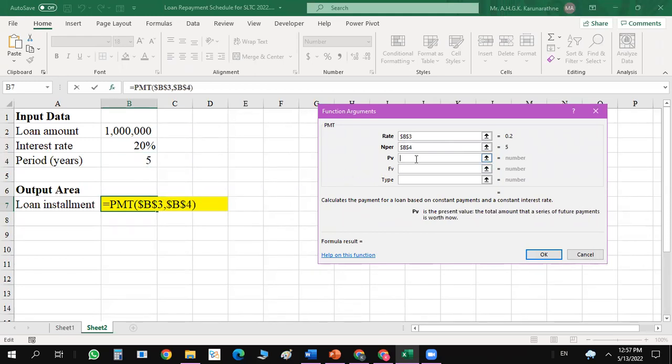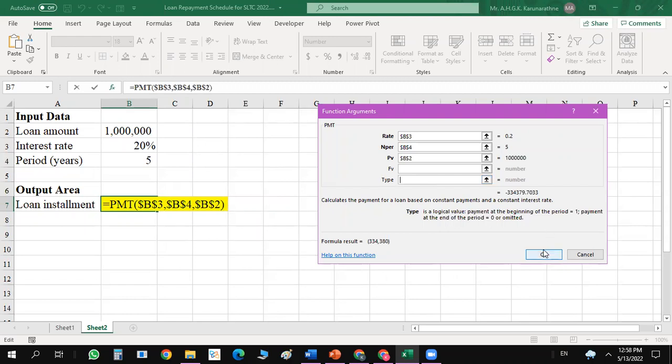Present value, or the principal value, means our loan amount, this one. Future value, I don't need to generate any cash balance. I just want to borrow the loan, settle it, and make it 0 at the end of the loan period. No, I don't need any savings balance. Okay. Then type, just leave it. If you leave it blank or put 0, it assumes the loan is repaid at the end of the period.